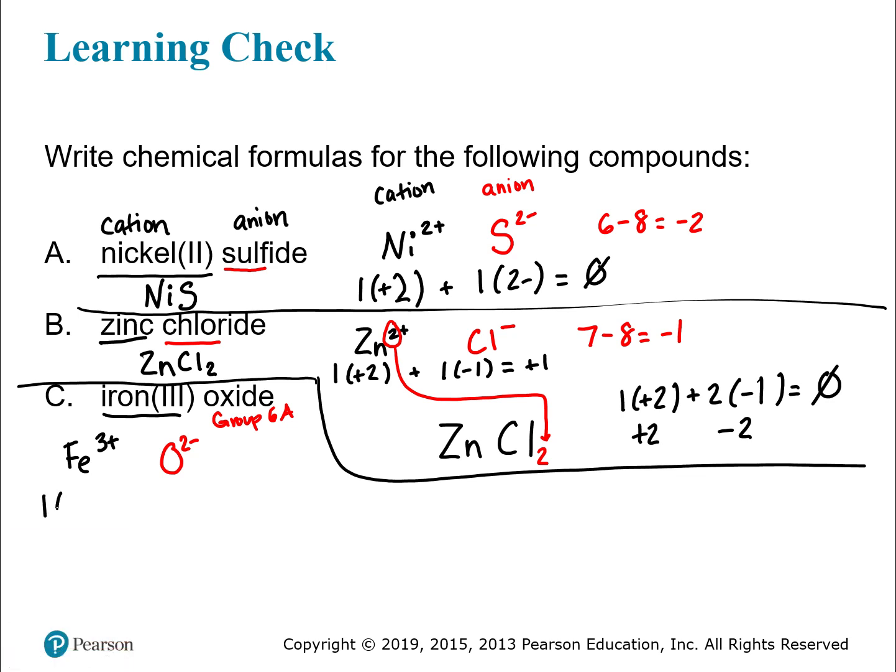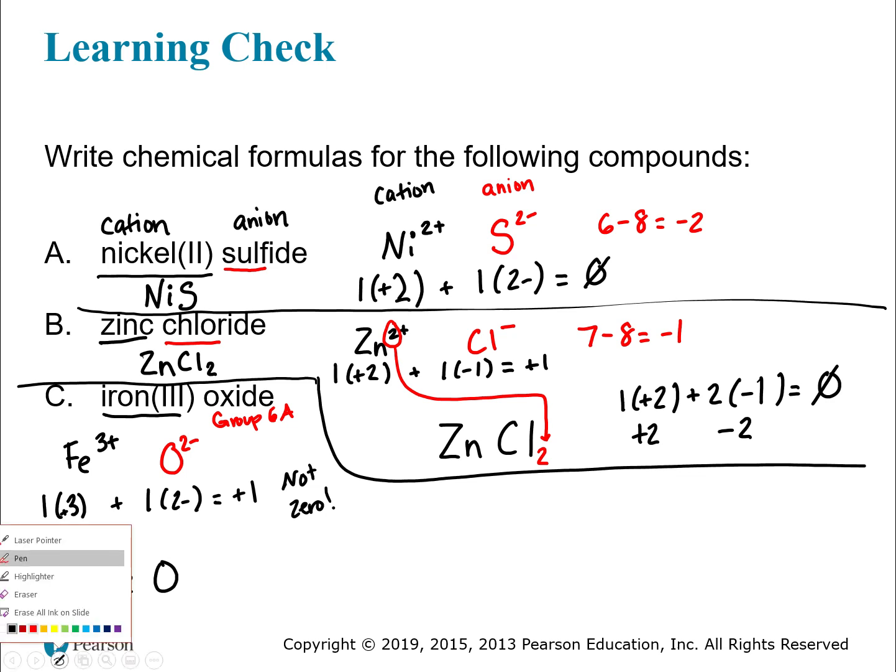If I just had one iron and one oxide, it absolutely would not be 0. So I have to do my swapping deal. And since both of the charges are greater than 1, I'm going to have to swap for both of these. I'm going to take the 3 and drop it down as my subscript for the oxygen.